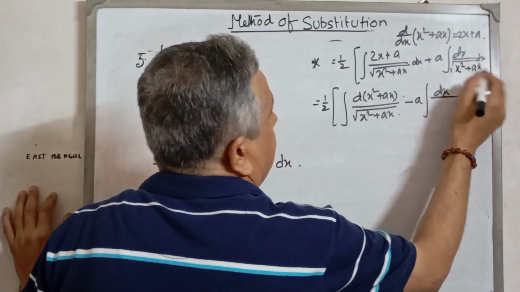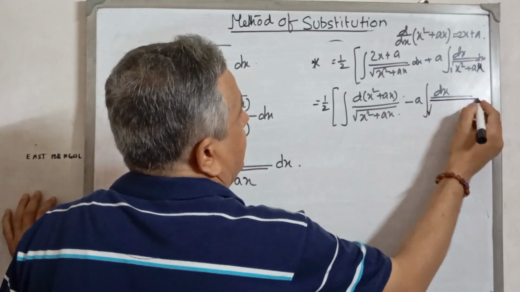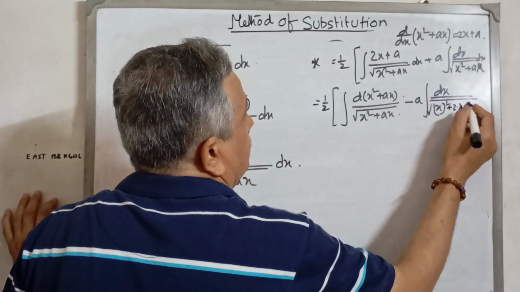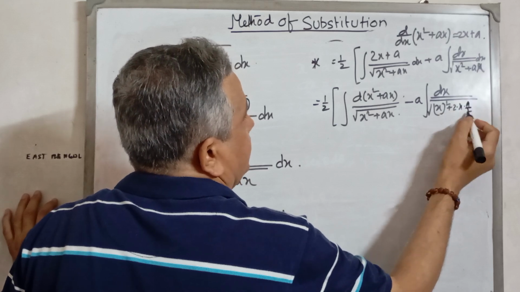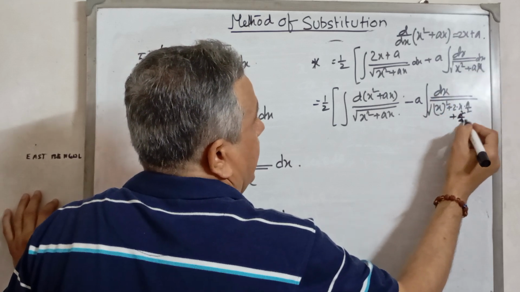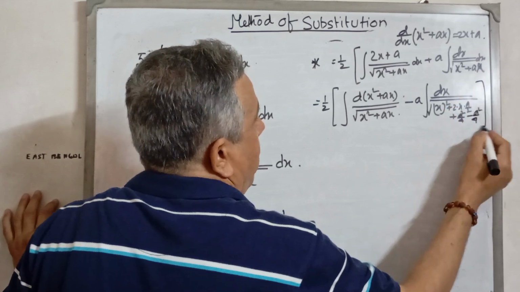Now we can do it by whole square form. X square plus 2 into x into a by 2, that is 2 cancel, ax plus a square by 4. Adding a square by 4 and subtracting a square by 4.